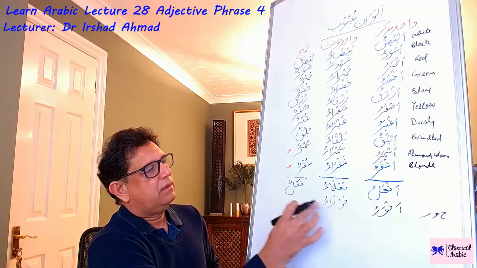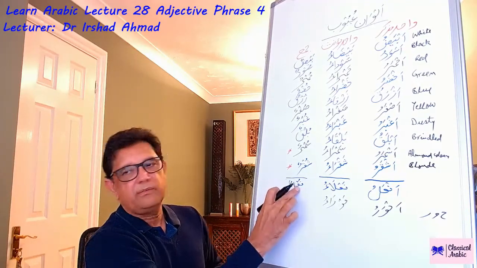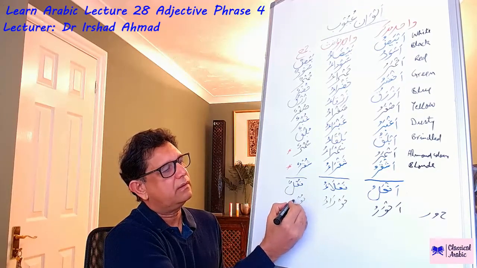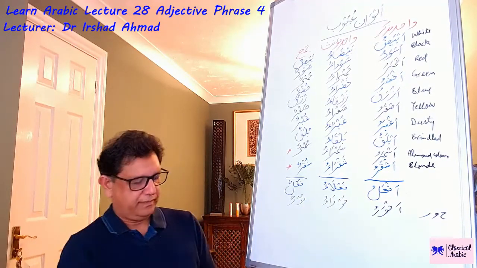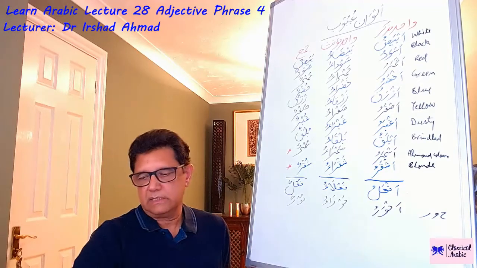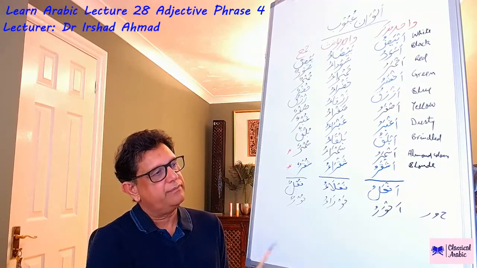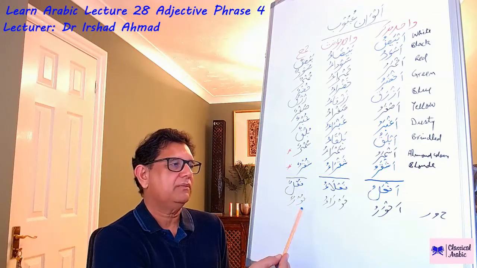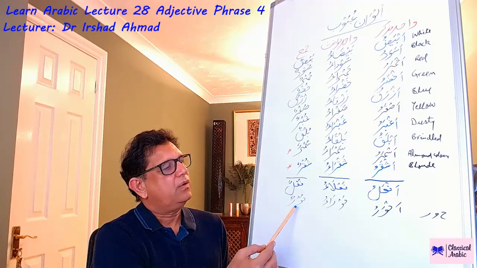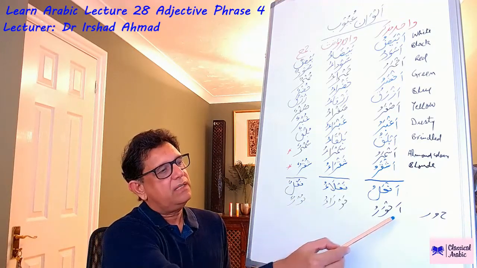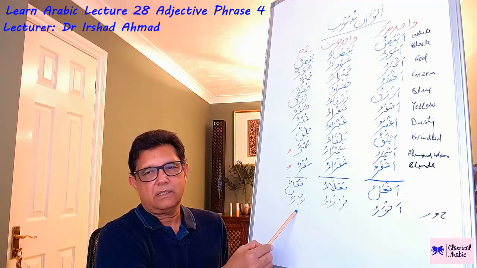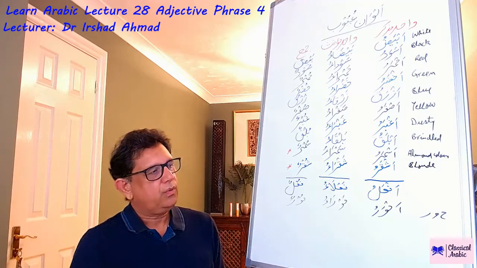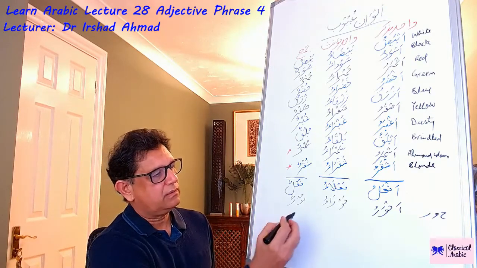And then the plural is going to be on the pattern of fu'lun, which will be hurun. So ahwar is a man with beautiful eyes. Hawra is a woman with beautiful eyes. And hurun, many men with beautiful eyes, or many women with beautiful eyes. So hur is basically plural.